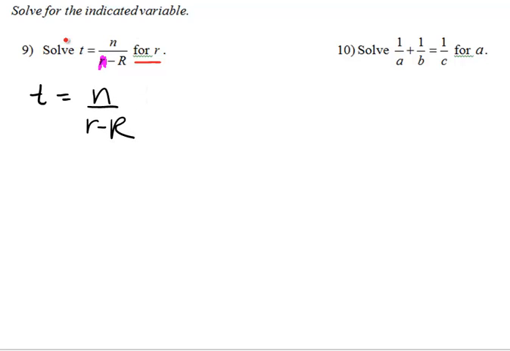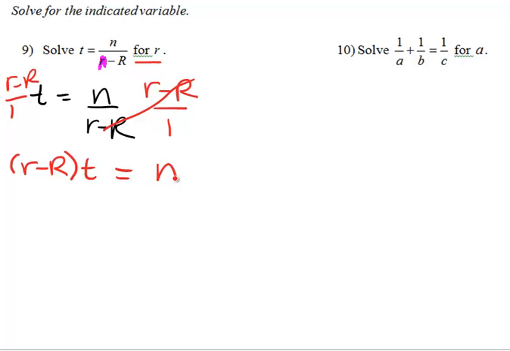And I'm going to multiply both sides by this because I want to get this out of the denominator. So r minus R over 1 and r minus R over 1, those cancel out, and that leaves me with r minus R times t equals n.